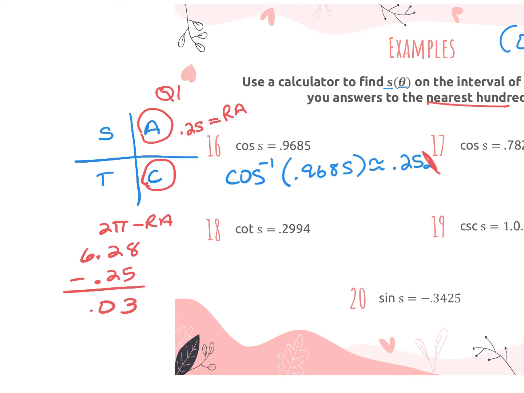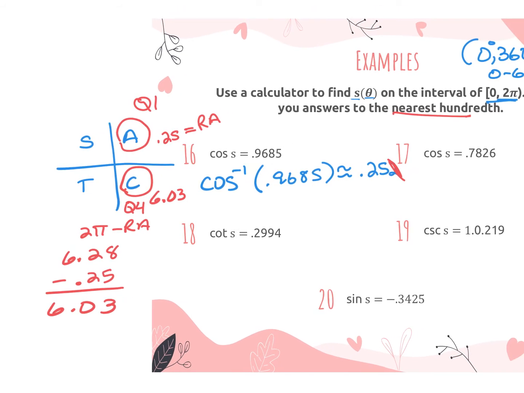So in quadrant 4, it's 6.03 radians, which makes sense because 6.28 is the full circle. So this is a reasonable answer for an angle in quadrant 4. So my two answers here are going to be 0.25 and 6.03.